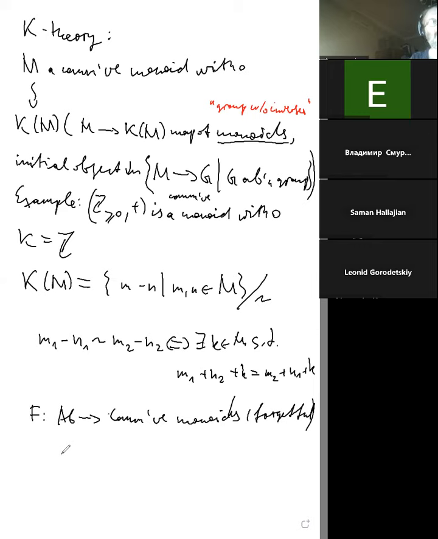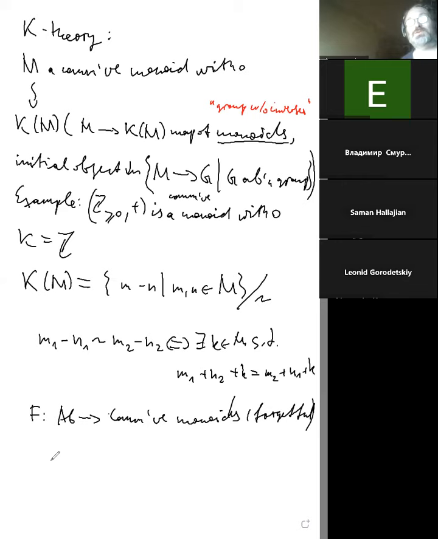And this functor is adjoint to the K functor. But let's see whether or not it's adjoint on the right or on the left.